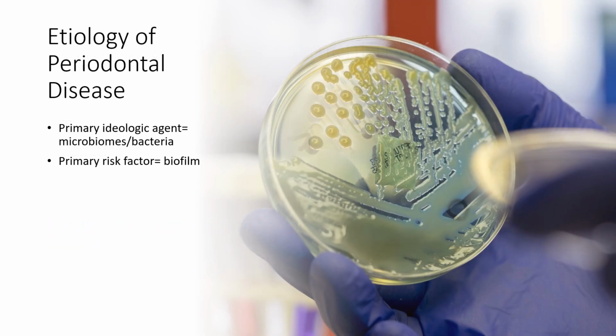The etiology of periodontal disease is dependent on the microorganisms that are present, and as the complexity and diversity of the microorganisms change, so does the progression of the periodontal disease. As those microorganisms begin to become anaerobic, that tissue also begins to shift over, and it goes from healthy to diseased.